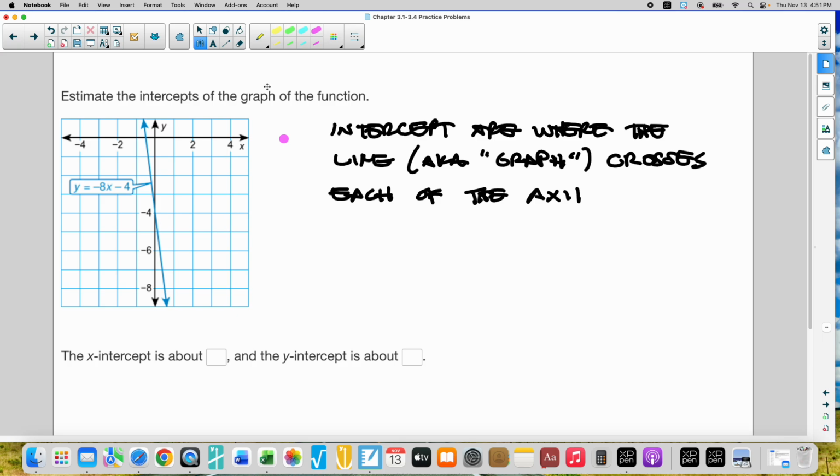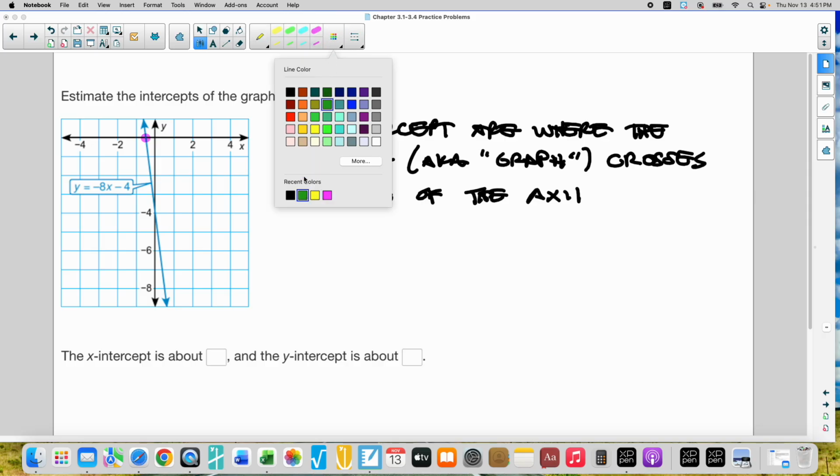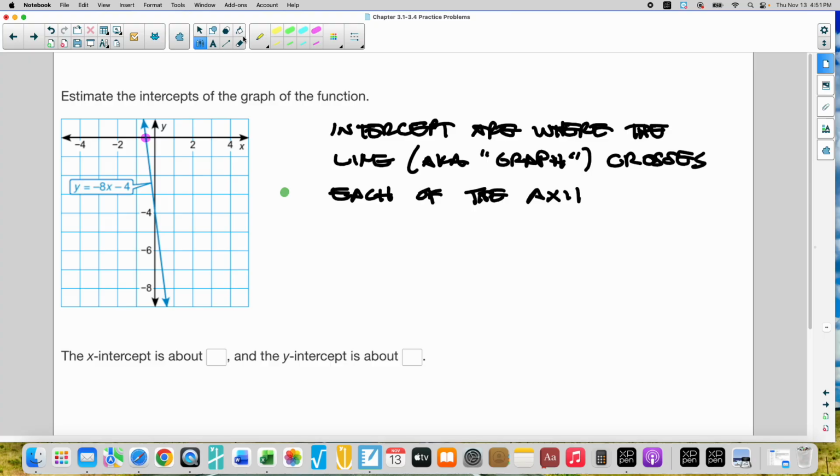So we're going to see where this line, this graph, crosses the x-axis right there. And where does it cross the y-axis? Where does this line cross the y-axis? Right there. This is the y-axis. This is the x-axis.